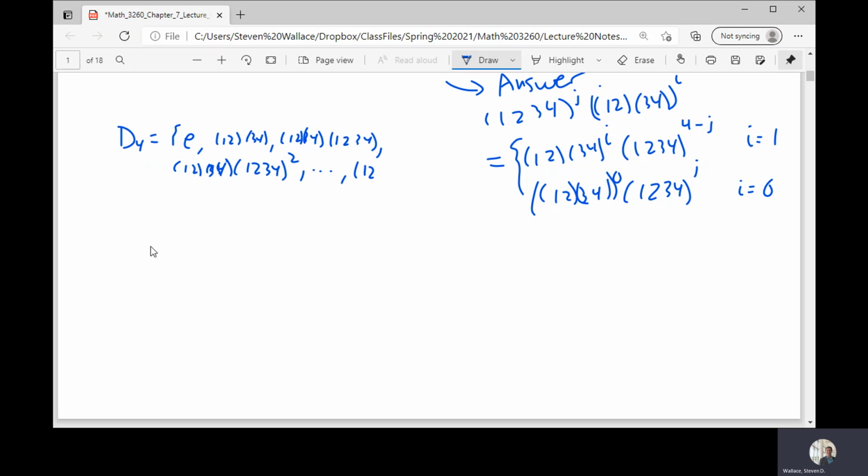And then we've got just the powers of the rotation. Oh, well, I guess I didn't need to do all that, did I? I can write them all down. Let's just write them all down.